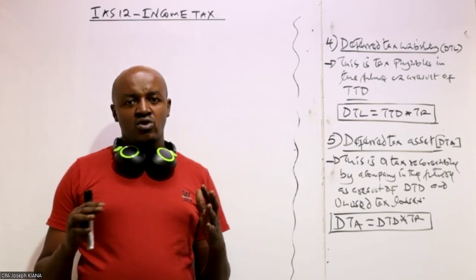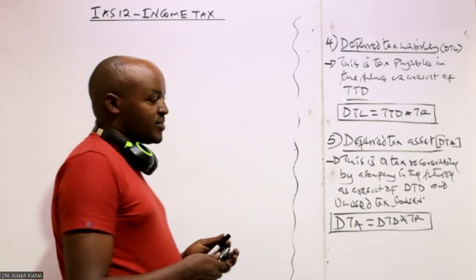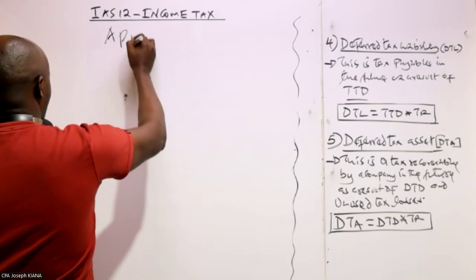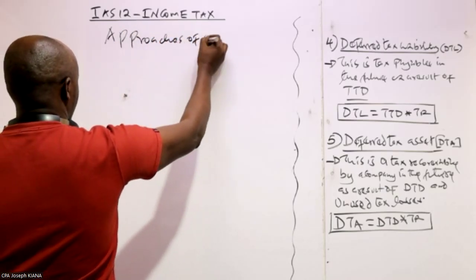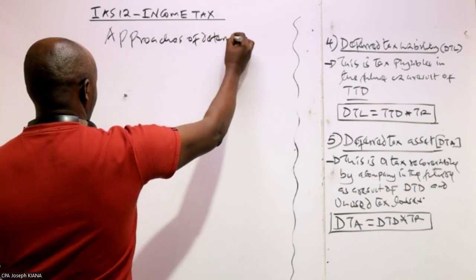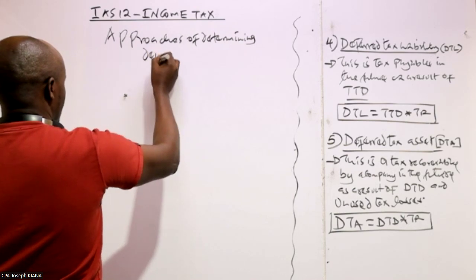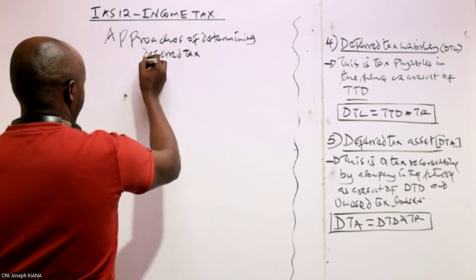The first one is called the income statement approach, and then we have another one which is called the balance sheet approach. Therefore, here we can discuss those two approaches of determining deferred tax.